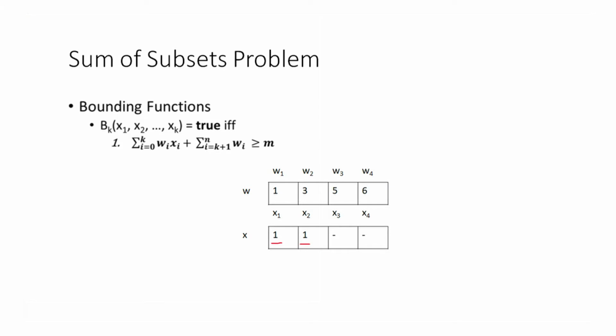What it says is that the sum of the weights so far, where k is equal to 2, from 0 to k is 4, because 3 plus 1 is equal to 4, plus the sum of all the remaining weights, from k plus 1 to n, which is equal to 11 in this case, has to be greater than or equal to m.